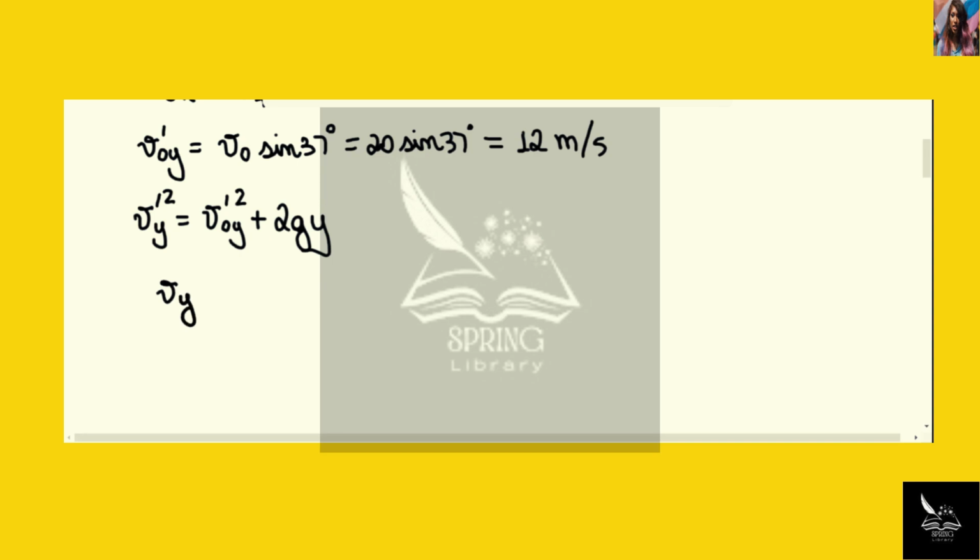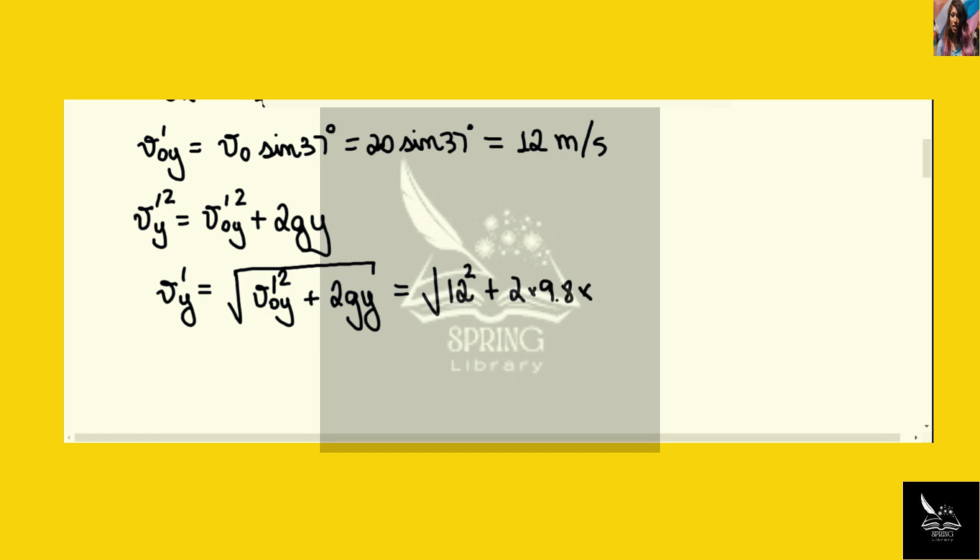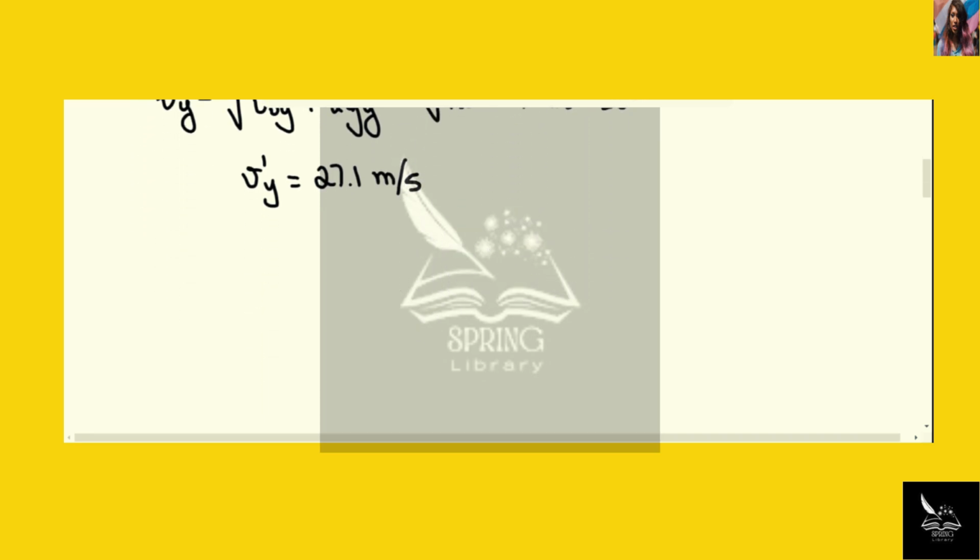So what we have is that Vy prime is equal to the square root of V0y prime squared plus 2gy. So this is 12 squared plus 2 times 9.8 times y. Y is the height of the cliff, and that is 30 meters. And this is equal to 27.1 meters per second.